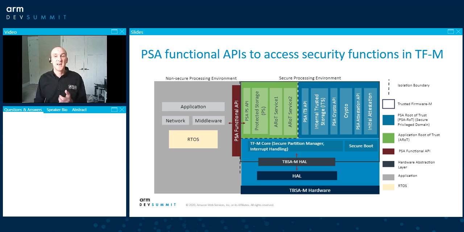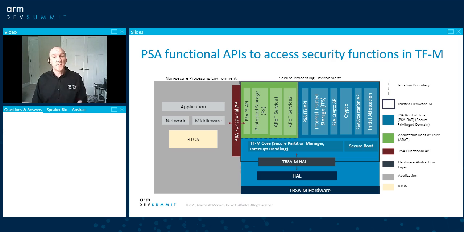It's providing services such as secure boot, a set of security services for runtime, secure storage, crypto and attestation, and it does this using and providing secure partitions. So everything is sandboxed from everything else. So you can have mutually untrusted components in there, but the lack of trust is mitigated by the fact everything is locked down in this secure processing environment. That's what the TFM manages inside the blue and green areas there.